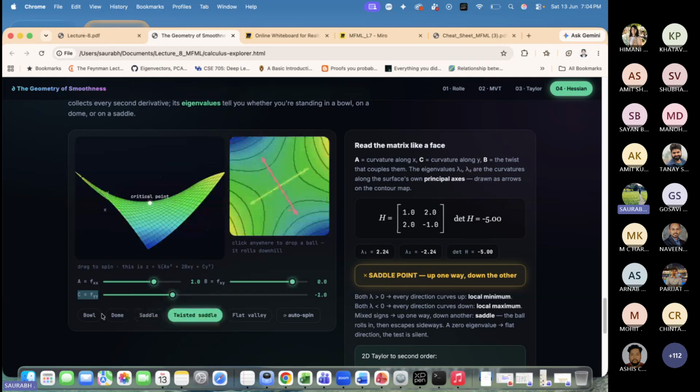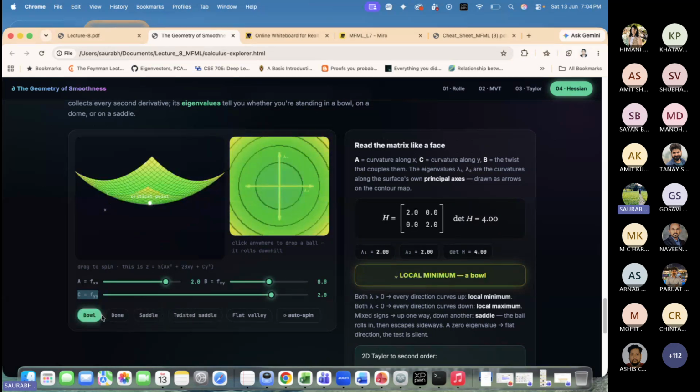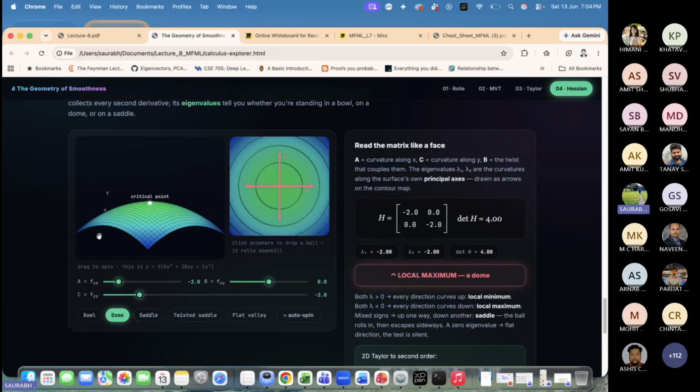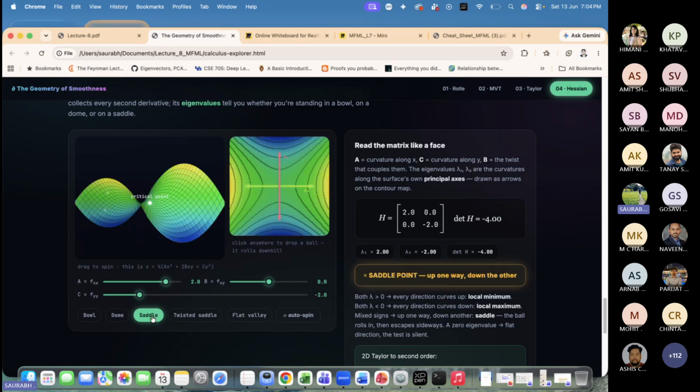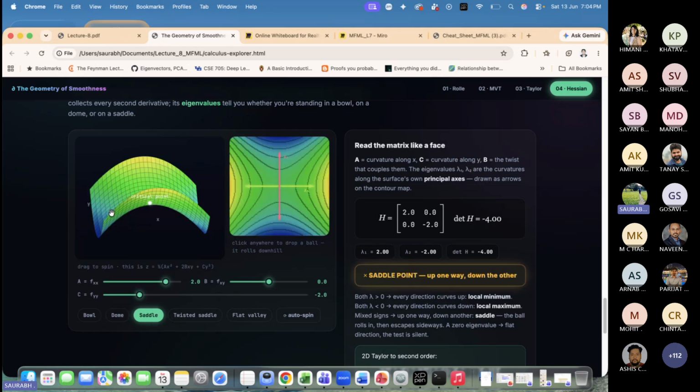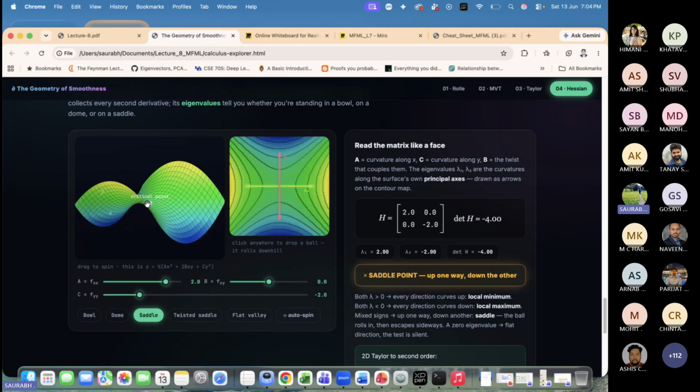The good part is you have all the different cases that can come in from your exam point of view, for intuition. Bowl shape, what can happen? And you have a dome shape, maximum, saddle point. There you neither have a maxima nor a minima, but still the slope is 0.